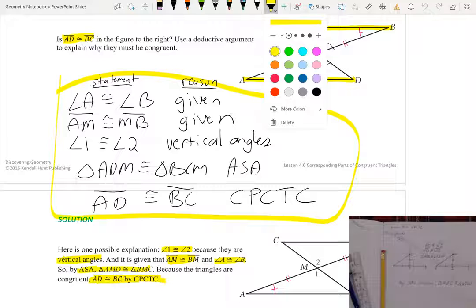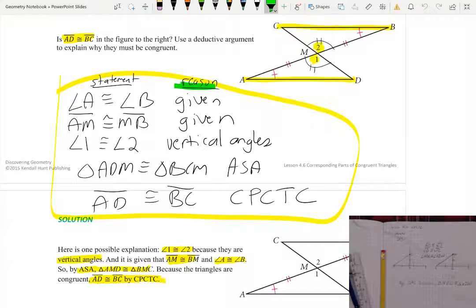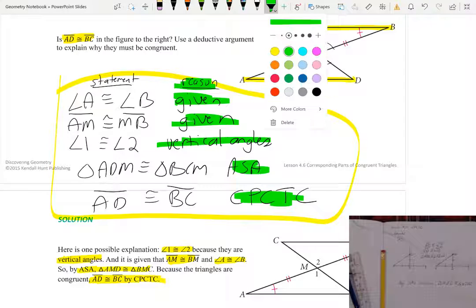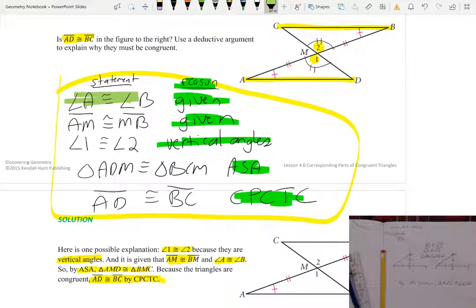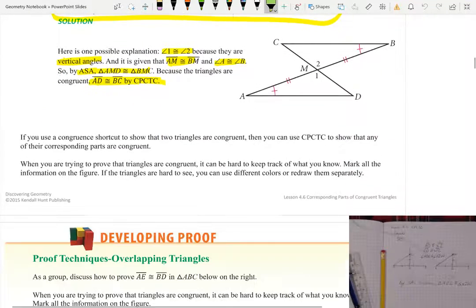So these are a series of reasons. All the green here, those are the reasons. And then the light green, these are the statements. Each one of these is a statement, and each of these statements has a reason. And that's the idea of a deductive argument or a proof. Cool.